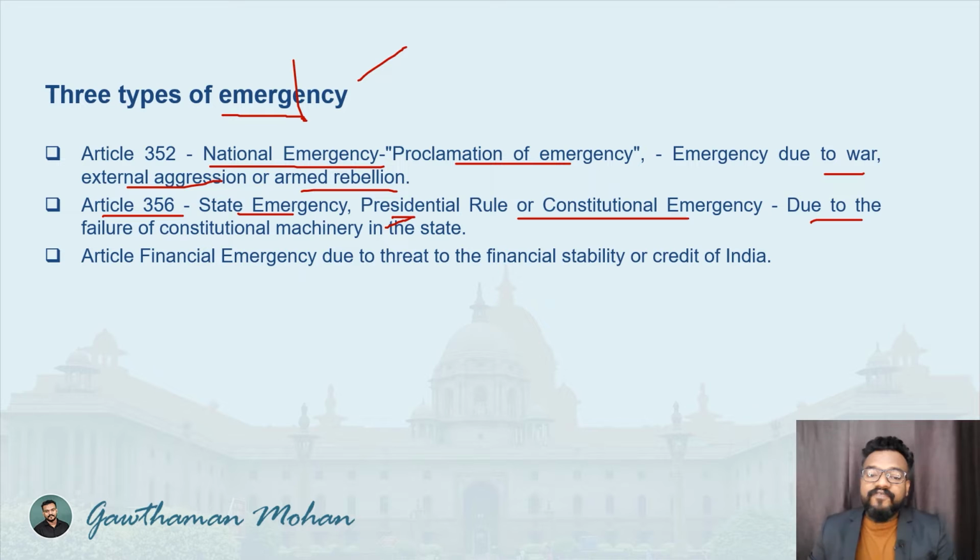Due to the failure of constitutional machinery in a state. So very clearly we need to understand here that it is not a national emergency. It is not declared in the entire country. It is declared in a particular state. When the constitutional machinery in that particular state fails, during that time the president's rule is imposed on that state. That is known as the constitutional emergency or state emergency.